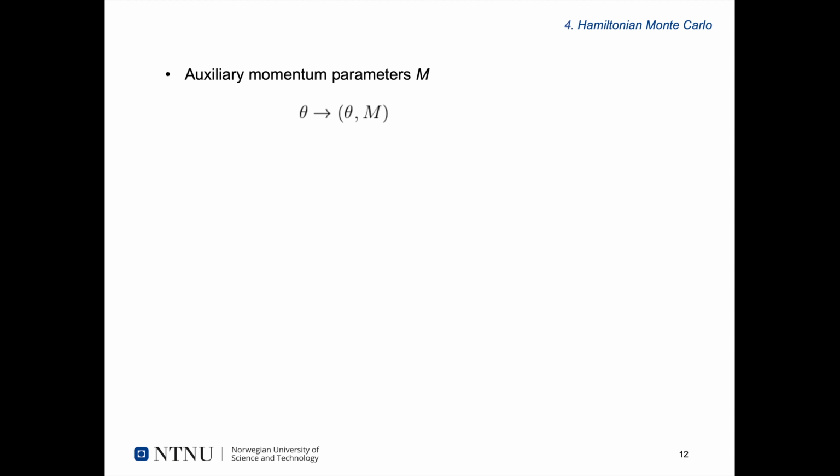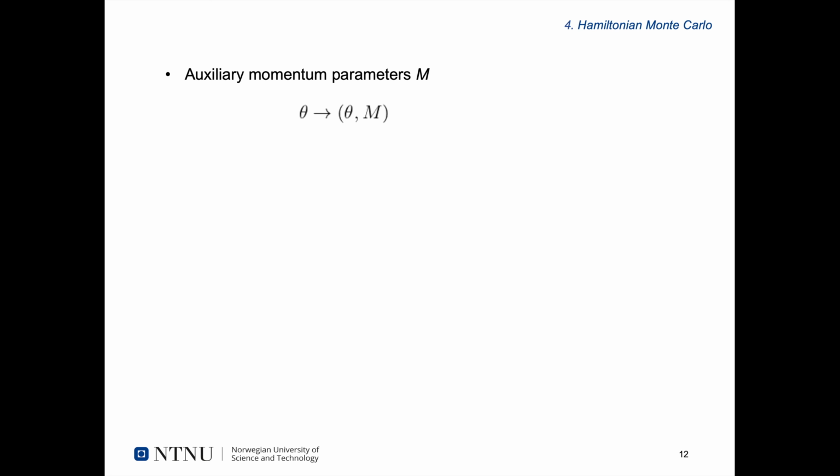In order to mimic the satellite's behavior in our probabilistic system, we need to introduce auxiliary momentum parameters m, and thus expand our d-dimensional parameter space theta into a 2D-dimensional phase space for theta and m.